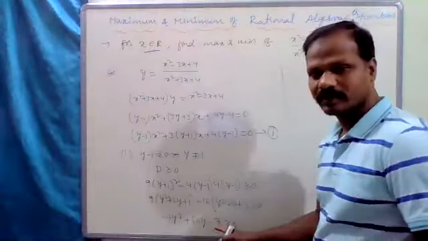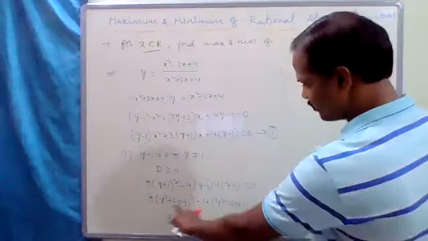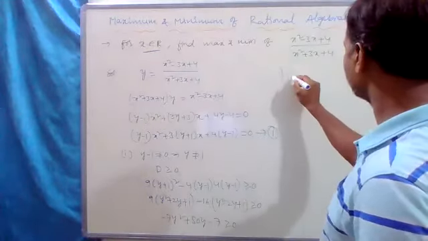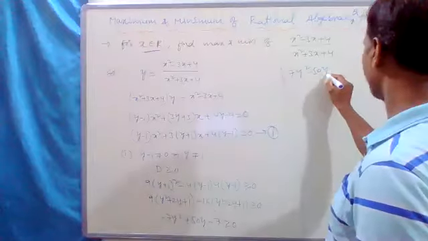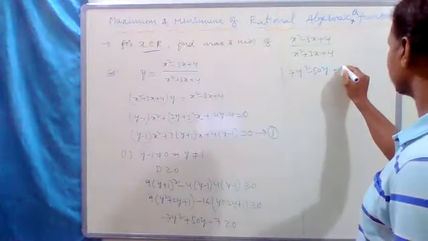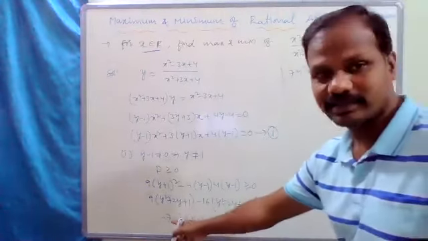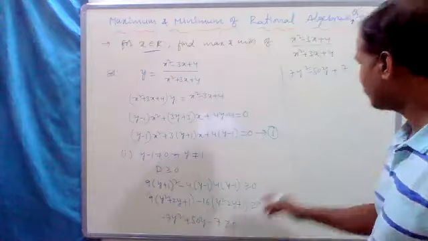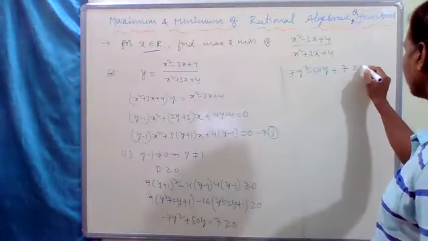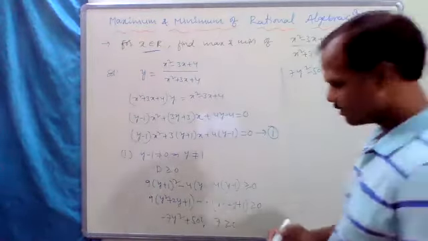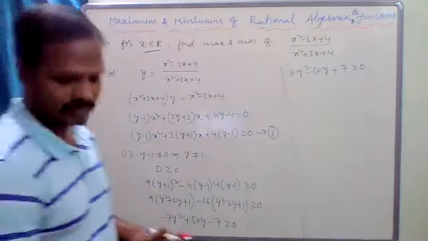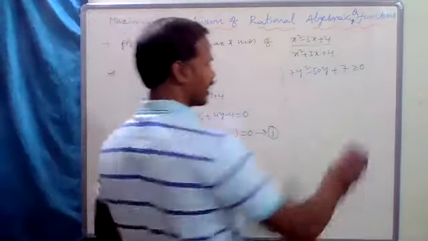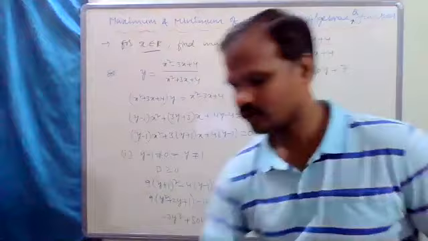Is it clear? Now what you have to do? Take minus common. Then we have 7y square minus 50y plus 7. If you take minus common, the sign will change, so that is less than or equal to 0.